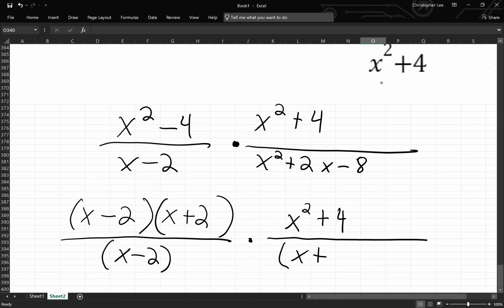No. Say it again? But closer. Right? Very good. Because 4 plus -2 is 2, and 4 times -2 is -8, right? Let's cross out like terms.